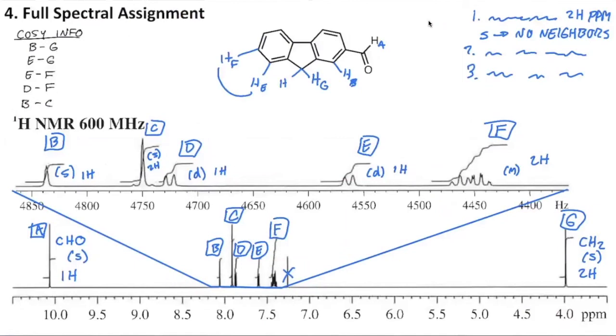If we look back at our protons in our structure, we have to have 2 protons that fit into the signal F that must be on 2 different carbons, 8 and 9. So this must be that the 2 protons F are not exactly the same, but they're similar enough that they come out at almost exactly the same chemical shift.